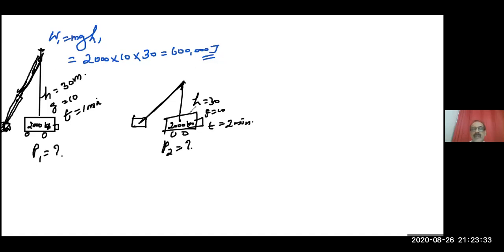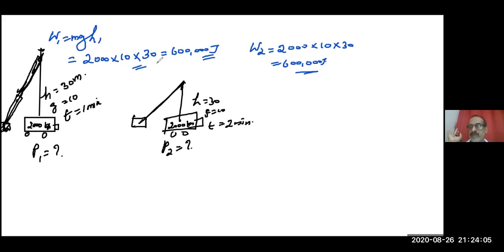This crane also does the same job: W2 is equal to 2000 mass, 10 g, height 30, therefore 600,000 joule. So both the cranes do the same work. Work is energy. Where do they get this energy? From fuel, right? Since they do the same work, they consume the same amount of fuel.